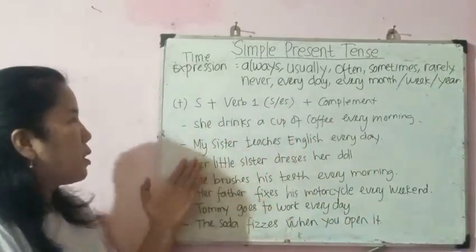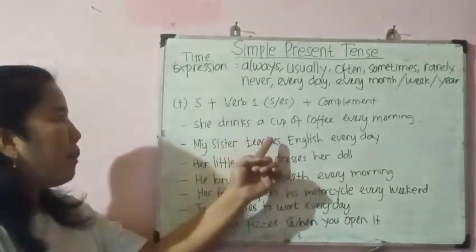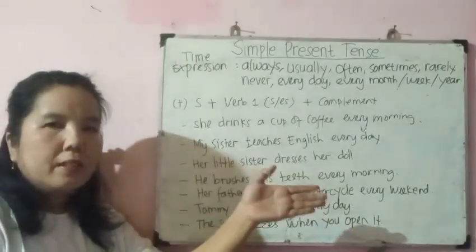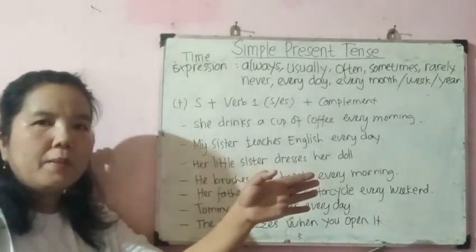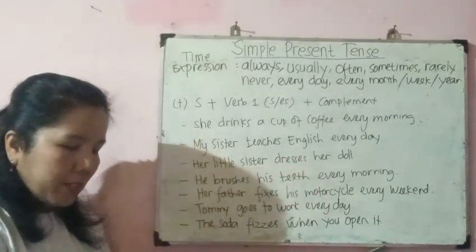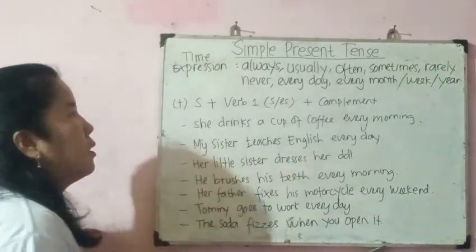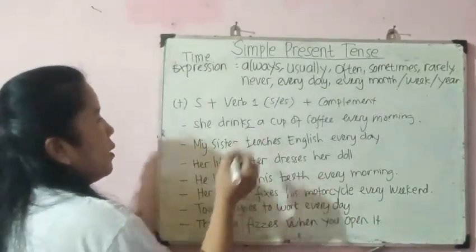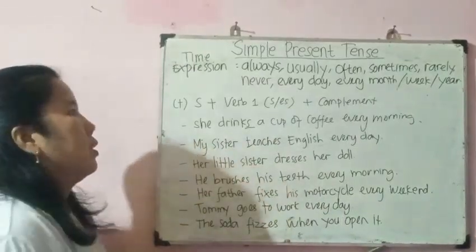Okay, examples. She drinks a cup of coffee every morning. Don't forget, for most common verbs with the subject she, he, it, we just add s at the end of the verb. She drinks.